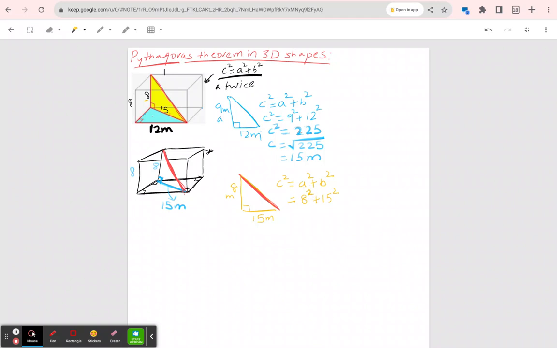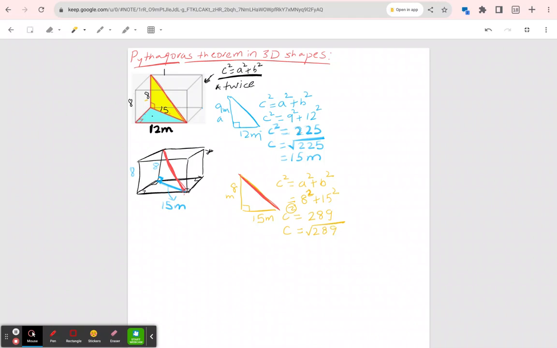Okay. Now 8 squared plus 15 squared, 64 plus 225, I am pretty sure it is 289. So c squared comes out to be 289 this time. Again, to get rid of this square, because we are after c, not c squared, we will be square rooting 289.